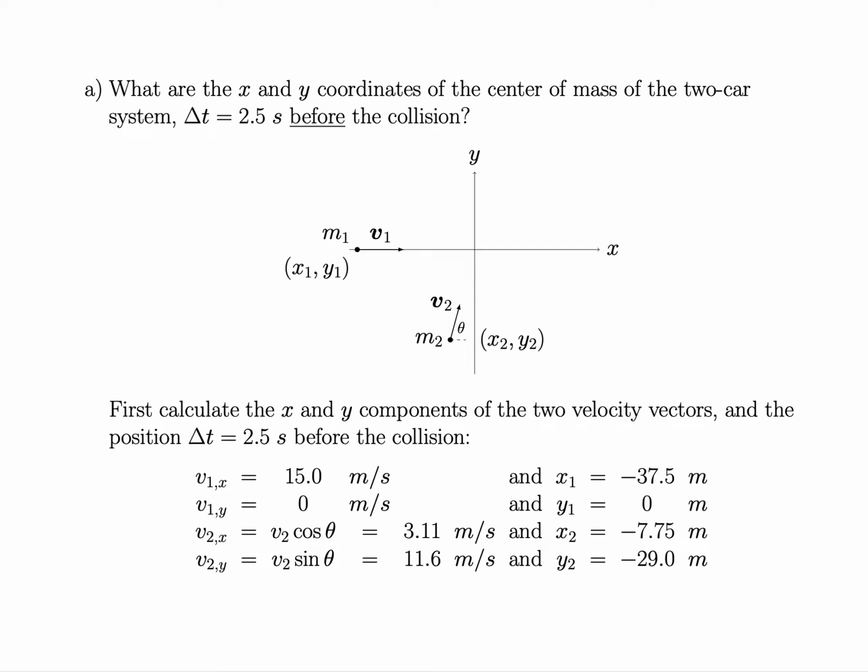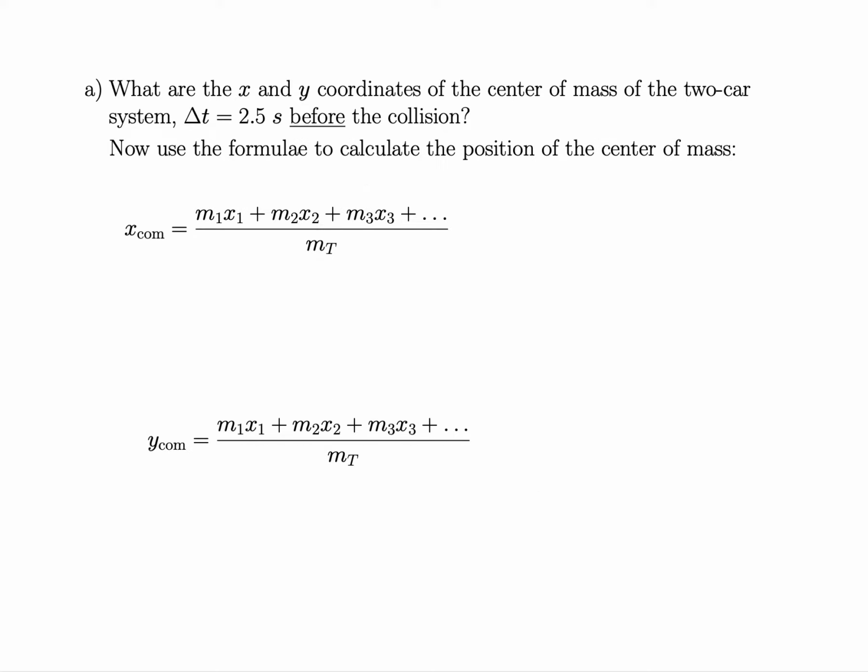So here we have, in order to calculate the center of mass position and velocity, the x and y components of the velocity of the two cars and the x and y coordinates of the two cars. And it turns out that calculating center of mass velocity and center of mass position is really just a matter of using the right formula.